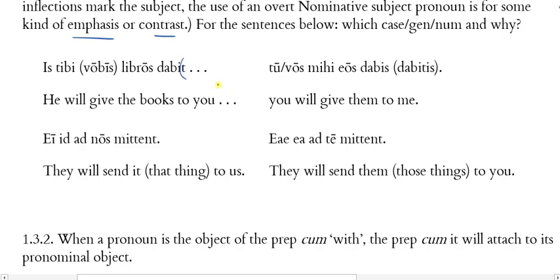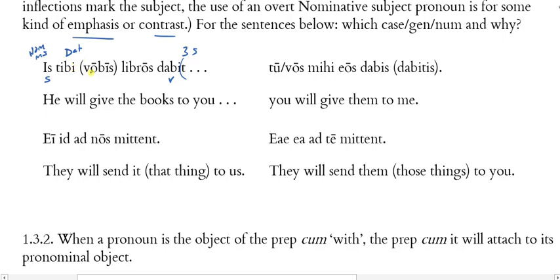The -t is the third singular form. But notice that is here is the nominative, masculine, singular, third person pronoun. So that's the he. Okay? Why is it nominative? Because it's the subject of this verb over here. Okay? That's why it's nominative. Tibi, or vobis, these are dative, right?